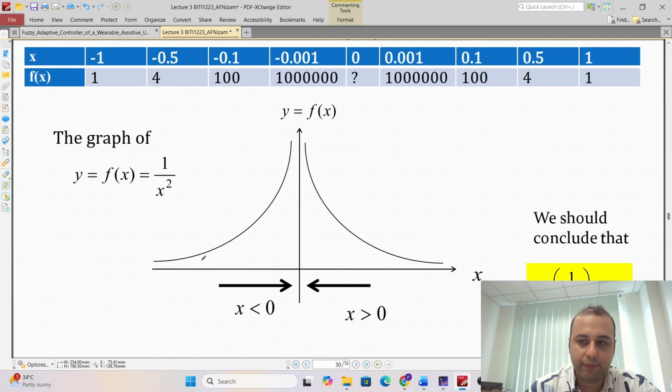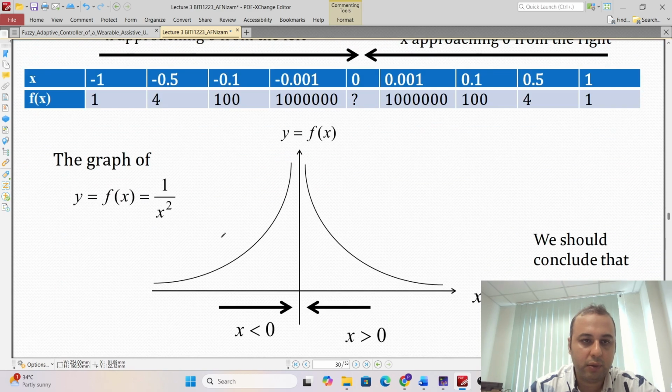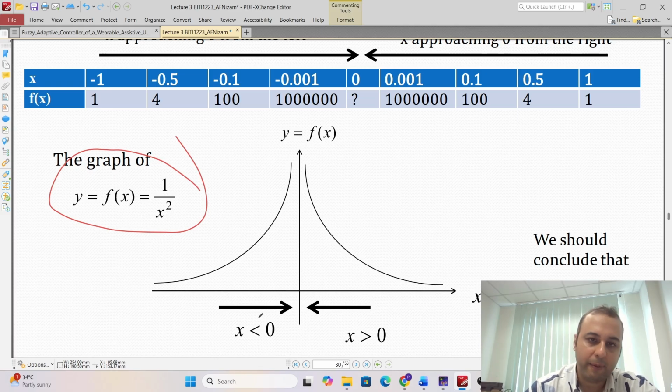Okay, let's see one example. Find the limit of 1 over x squared, x approaches 0. This is the function actually. So if x approaches from the left side, it's going to plus infinity.